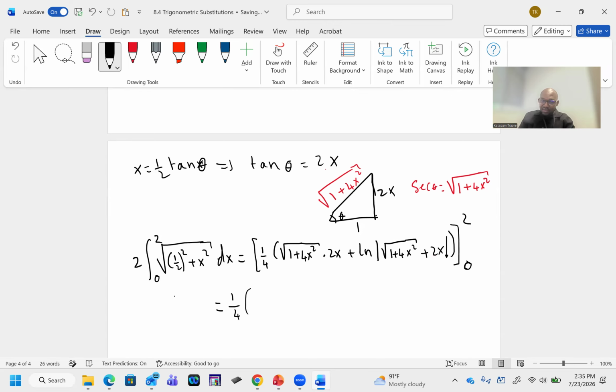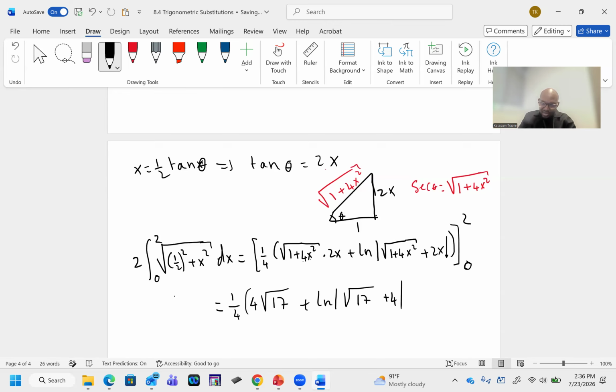So I will have 4 times the square root inside. We will have 2 squared, which is 4. 4 times 4 is 16. 16 plus 1 is 17, right? Plus ln of the absolute value of the square root of 17 plus 4. And then we will substitute 0.